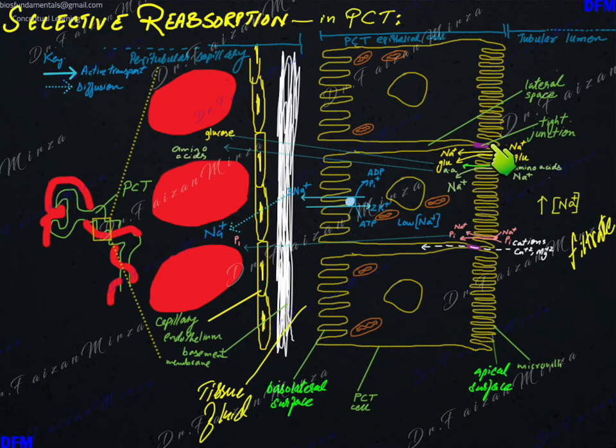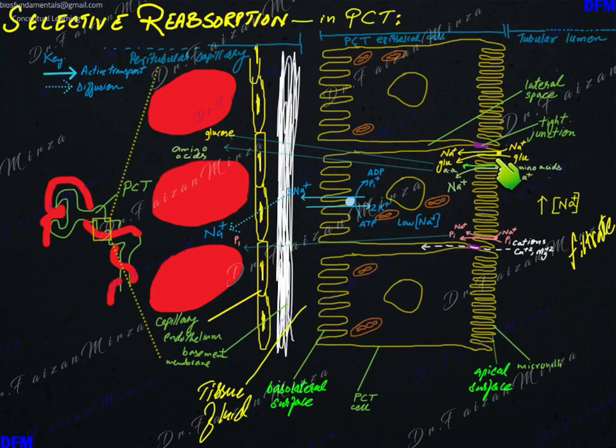Secondary active transport is the transport where the energy stored in the electrochemical gradient is used to pull a substance against its concentration. Inside the filtrate, you have a high sodium concentration, and inside the epithelial cell, there's a low sodium concentration. The natural tendency of sodium ion is to enter the cell, so the electrochemical gradient favors the entry of sodium ions.